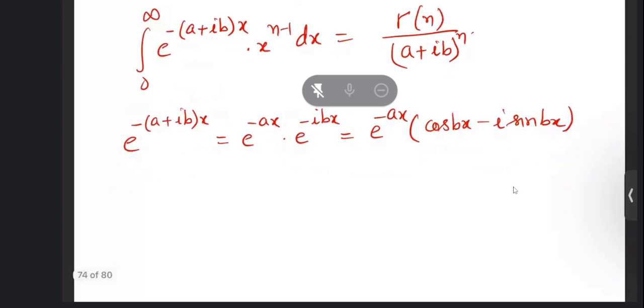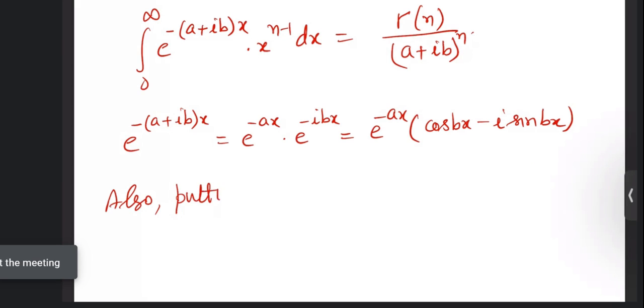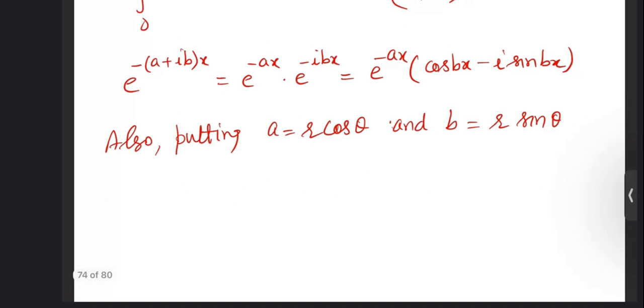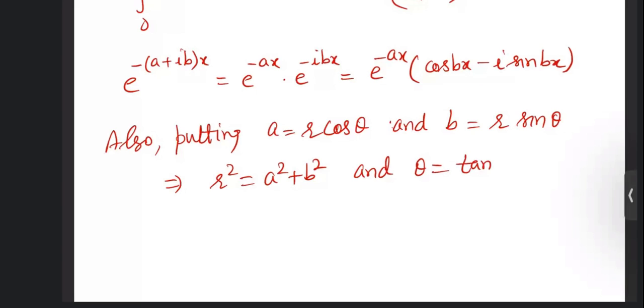And also, putting a equal to r cos theta and b equal to r sine theta, as per the given condition, which implies r square is equal to a square plus b square, and theta is equal to tan inverse b by a.